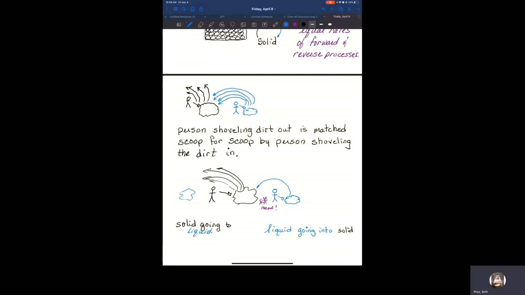So every scoop of dirt from the blue pile going in is matched by one scoop coming out of the solid. So the net effect is, don't worry about the piles. Okay? Just notice that one scoop goes in, one scoop is coming out at the same time.